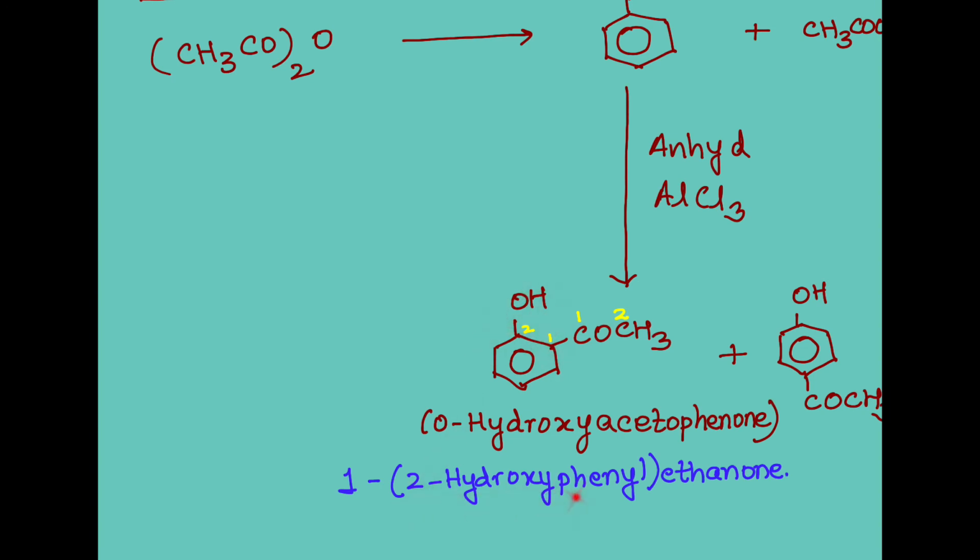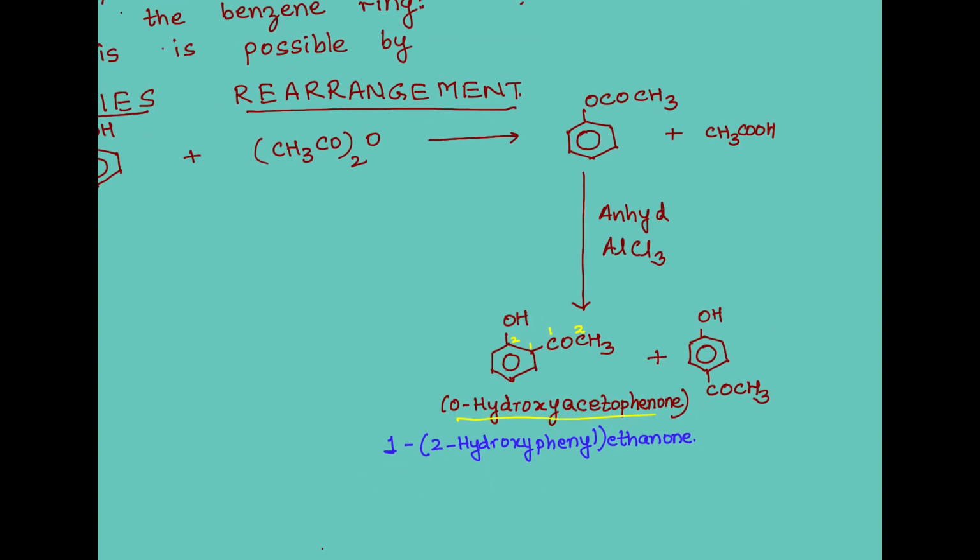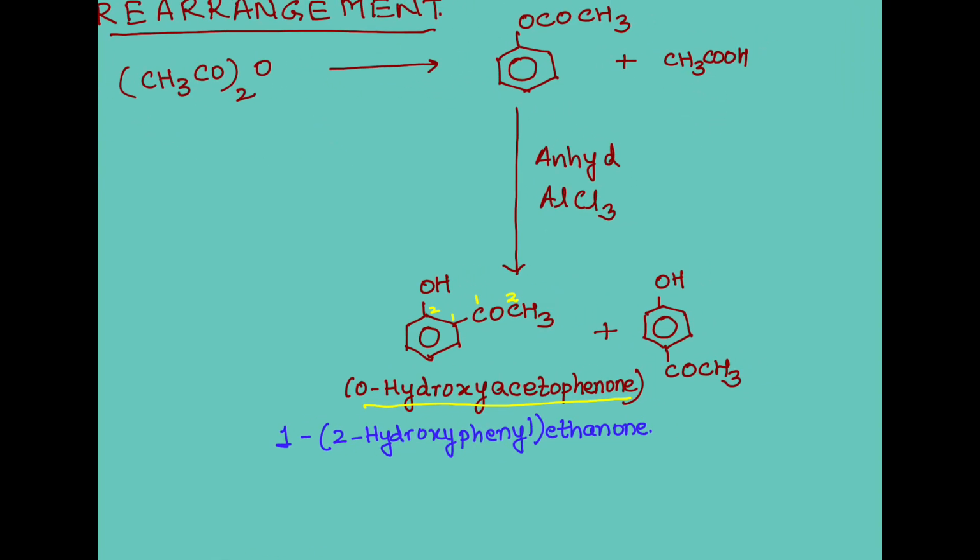So 2-hydroxyphenyl, and this is all at carbon number 1. 2 carbon atoms in the main chain. So eth, saturated ane, and a ketone. So ethanone. Although you will be coming across orthohydroxyacetophenone more commonly as compared to the second name, because as I mentioned earlier, in the case of aromatic compounds, quite a lot of compounds are popularly known more by their common names than by their IUPAC names, right?